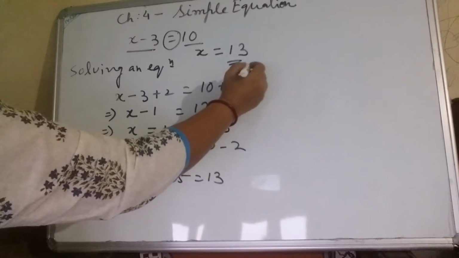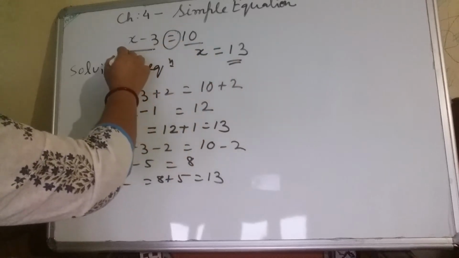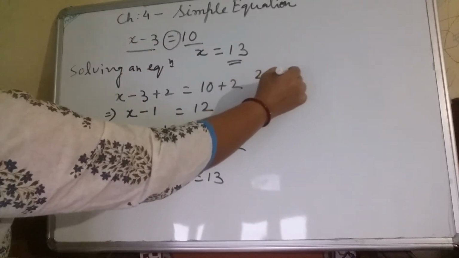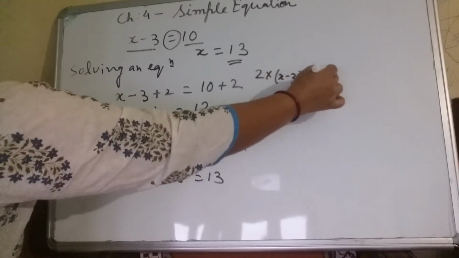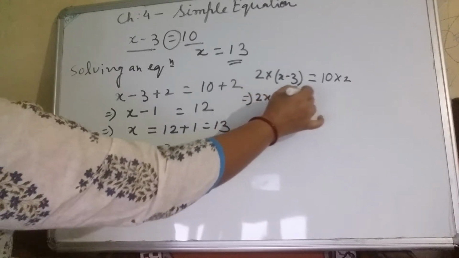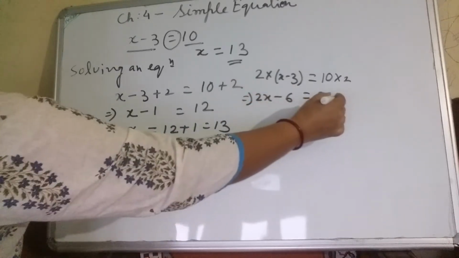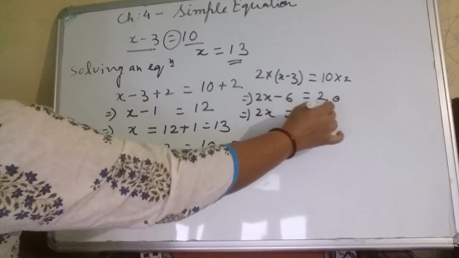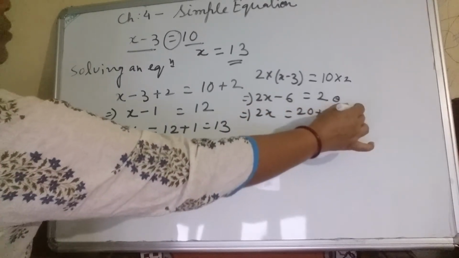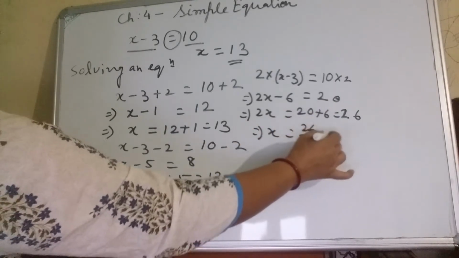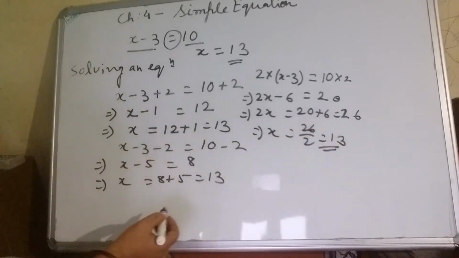Now if I multiply this equation by 2, so 2 into x minus 3 equals 10 into 2. Now 2x minus 6 equals 20. So 2x equals 20 plus 6, that is 26, and x equals 26 by 2, that is 13.